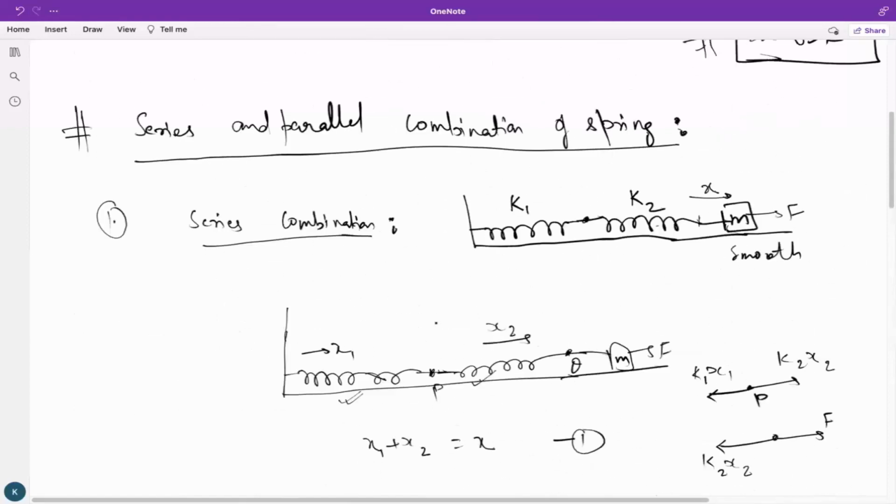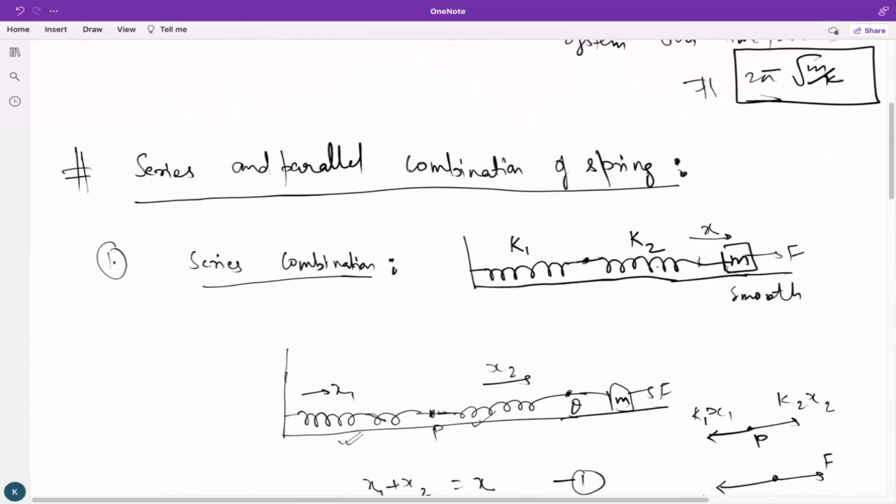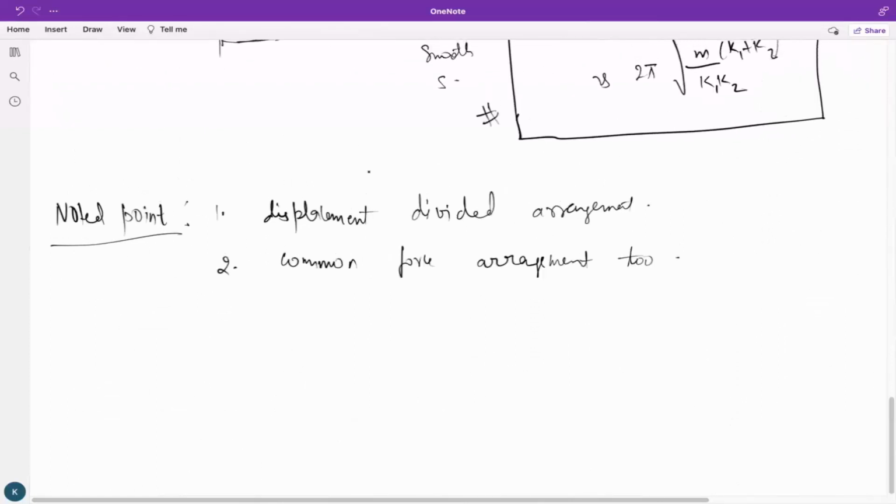Now let's move on to the second combination of springs, which is the parallel one. So let me start here. Our second combination is termed the parallel combination.